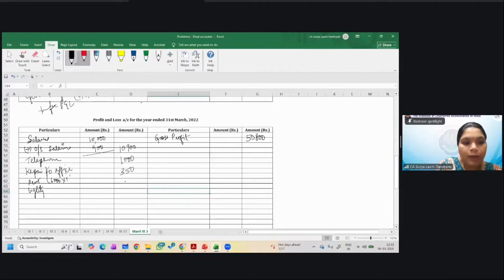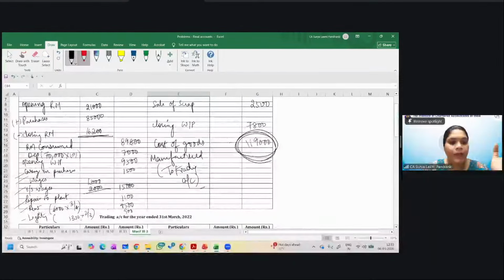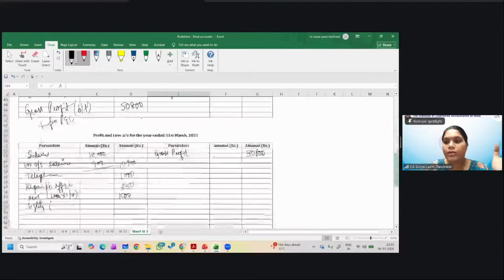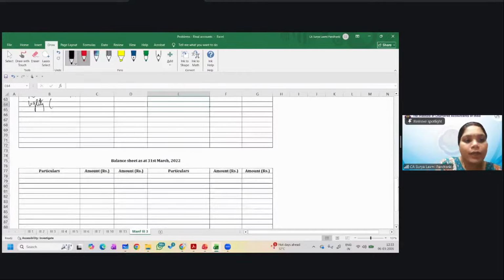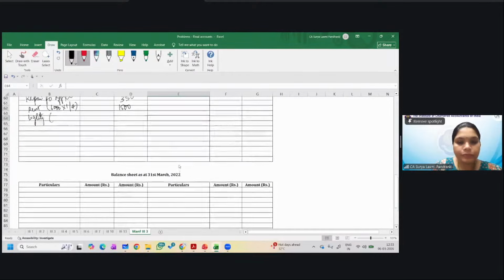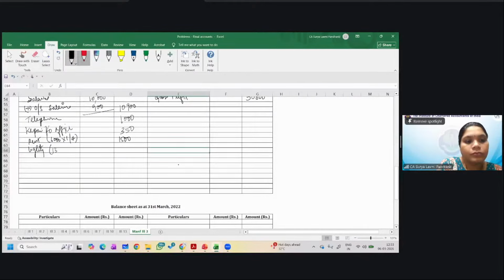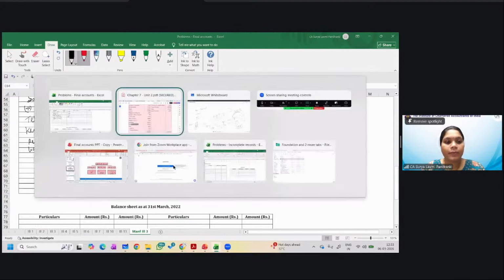How much is it? 1,500. And lighting, how much did we take there in manufacturing account? We have taken 1,350 into 2/3. So 1,350 into 1/3 have to be taken here. How much? 450. Okay. These two are done.